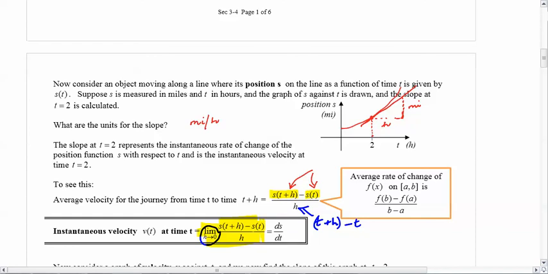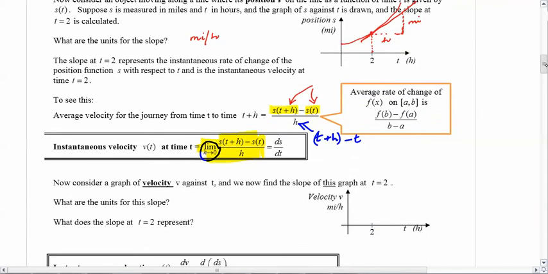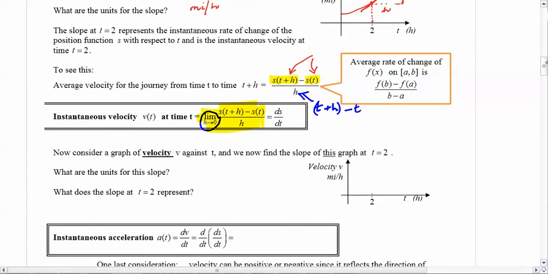So, okay, that's a very important result. To get the velocity of a particle moving in a line, you simply take the derivative of its position function. Very important. So let's just make sure we highlight that too. Instantaneous velocity is given by the derivative of the position function.